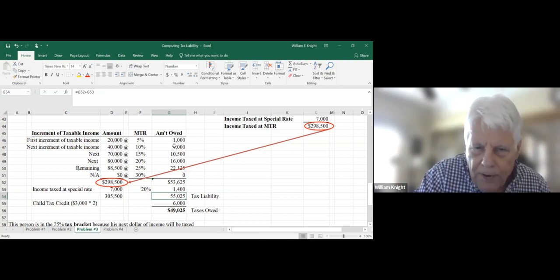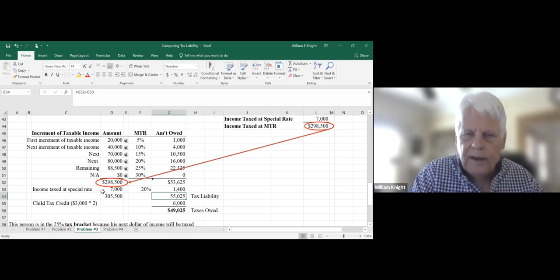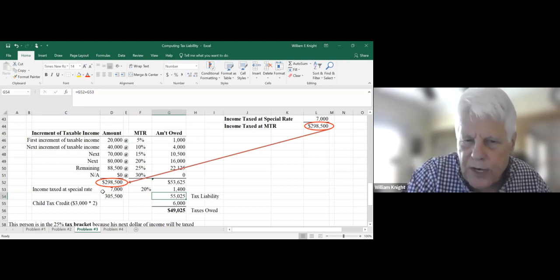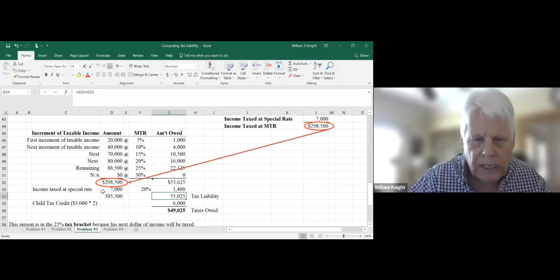So we sum up the tax that he owes on each of these increments of income, and we get $53,625. Now we tax the income subject to special rates. In our case, the special rate is going to be 20%. In real life, it's some sort of graduated scheme here.